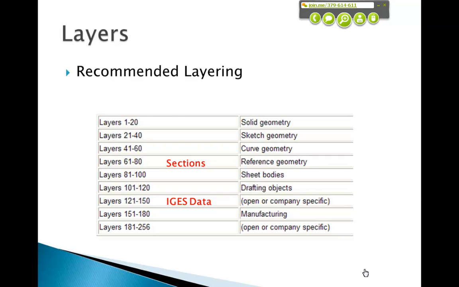Those section cuts should be created on layers 61 through 80, and that will greatly help organize these files so that you can easily turn off layers and have things disappear. Eventually, you're going to want to hide the IGES, and so you can just go in there and turn off layers 121 through 150, and all of this tessellated data will just disappear.